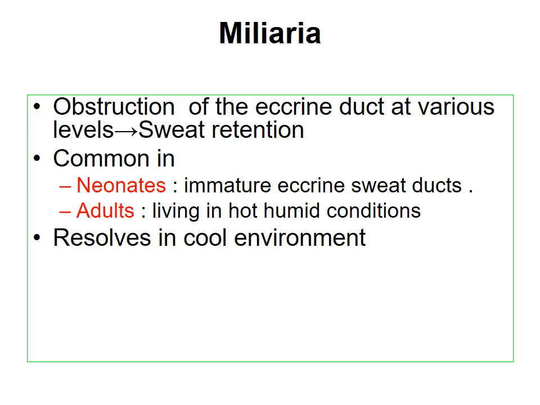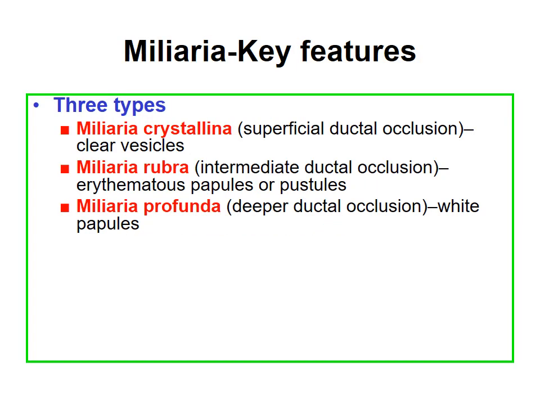It's common in neonates because of immature eccrine sweat glands, but children and adults who are living in hot humid conditions are also very susceptible to this very common disease. It resolves, of course, in a cool environment.